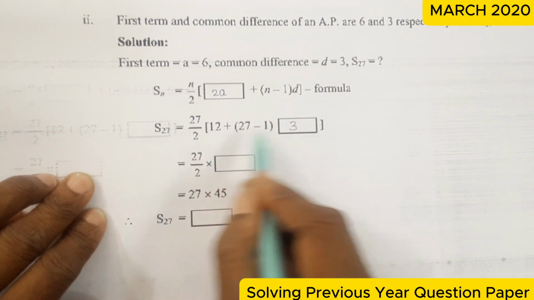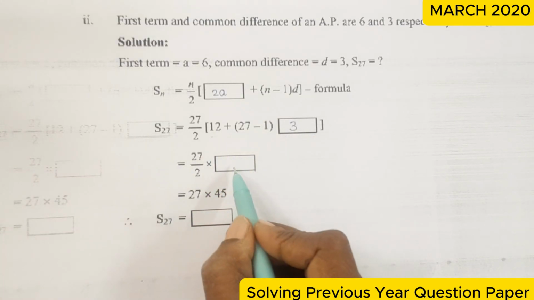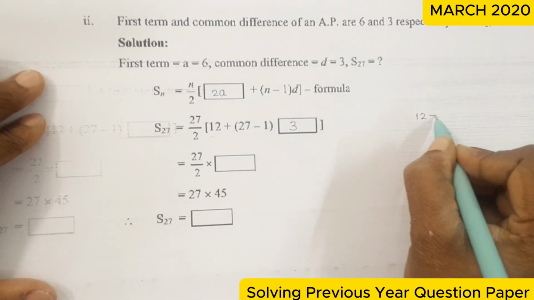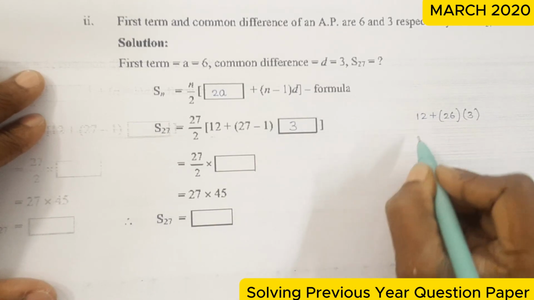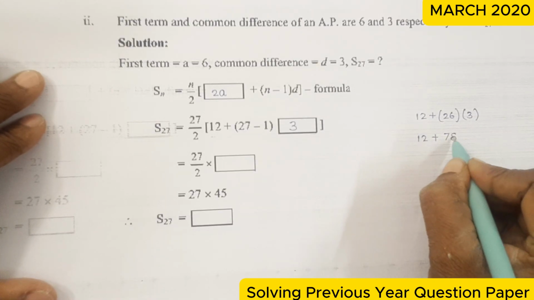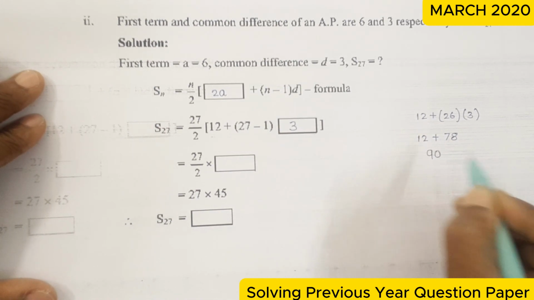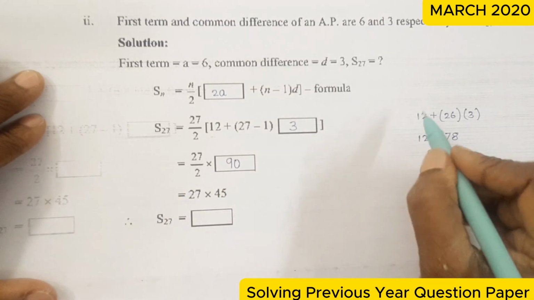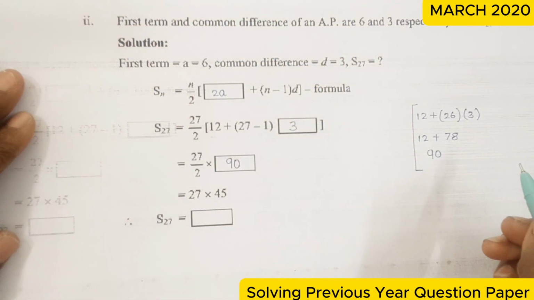Now students, the calculation of these terms we have to fill up here. So we do the rough work: 12 plus, then 27 minus 1 is 26, and then 3. 26 threes are 78, then the addition, 12 plus 78 is 90. So the answer is 90, and I fill up 90 here. This rough work you do on the last page of the answer sheet.